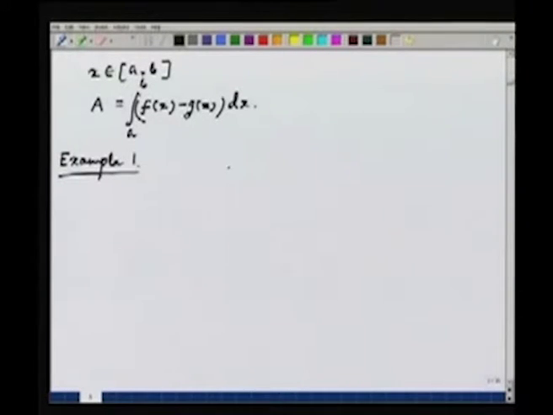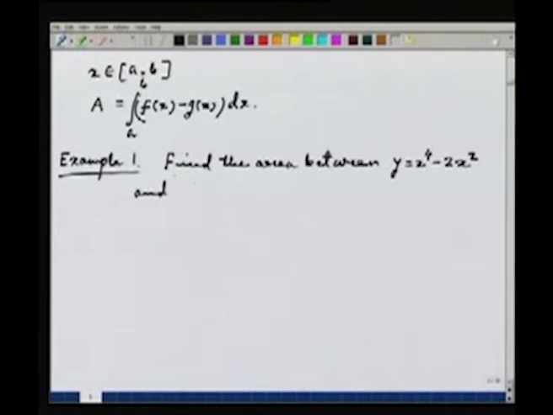Let us first try to find the area between two curves. One is y equals x to the power 4 minus 2x square, and the other curve is y equals 2x square.